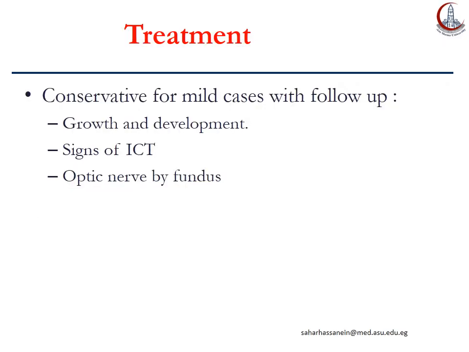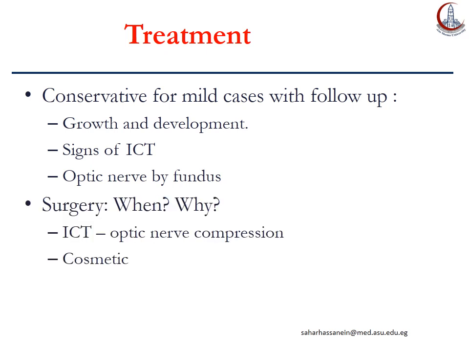What is the treatment option in case of craniosynostosis? In single suture, it is conservative, just for mild cases. Follow-up of growth and development, signs of increased tension, and optic nerve follow-up by fundus examination. When to do surgery, when to intervene, and why?